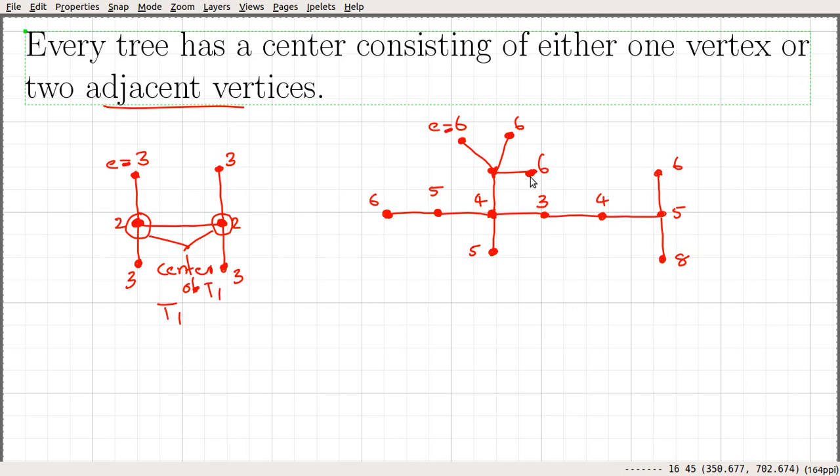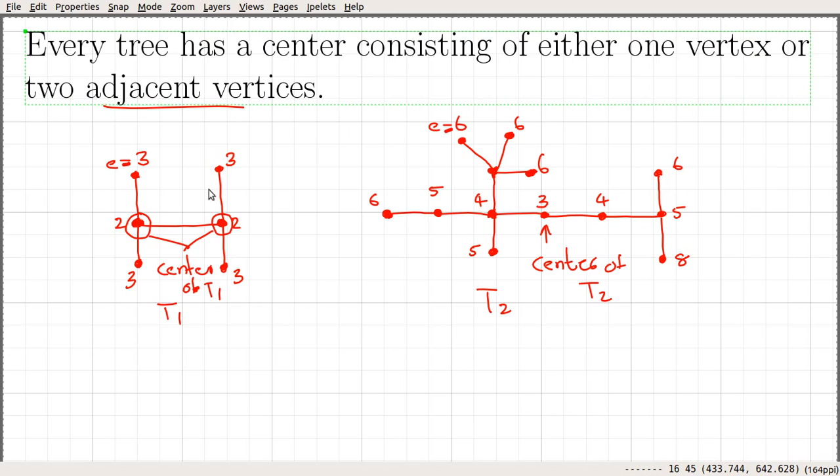If you look into this tree T2, we can see that the center of this graph is this vertex with eccentricity 3, and it has only one central vertex. It is the center of this graph T2.